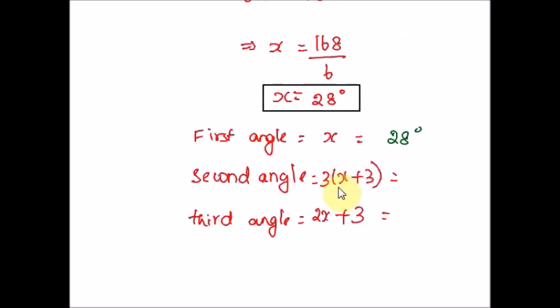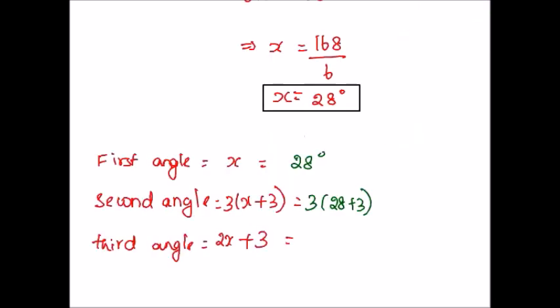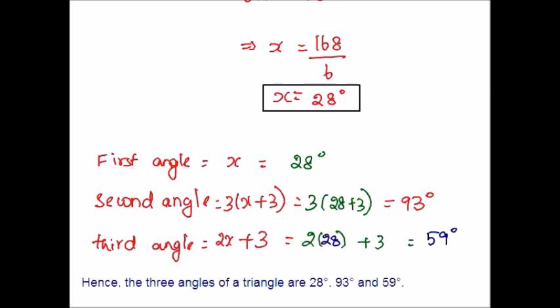Replace x by 28: 3 times 28 plus 3 gives you 93 degrees. Same way, replace x by 28 in the third angle too, 2x plus 3. So the third angle would be 2 times 28 plus 3, that is nothing but 59 degrees. Hence the three angles of the triangle are 28 degrees, 93 degrees and 59 degrees.